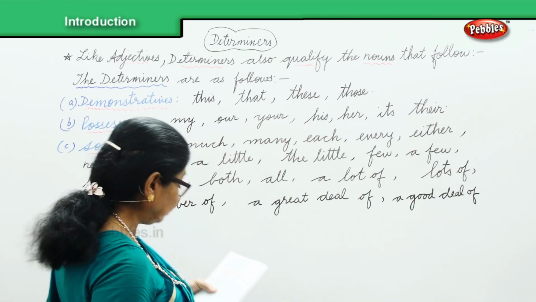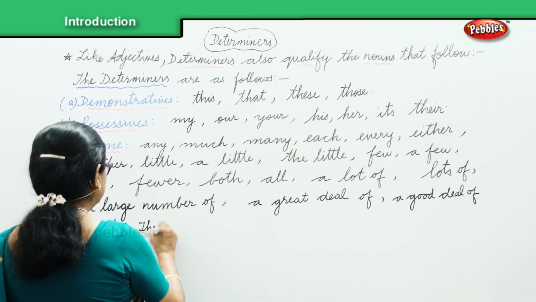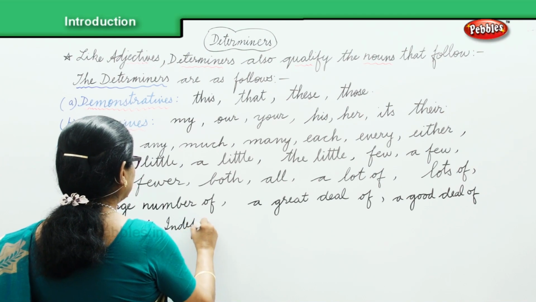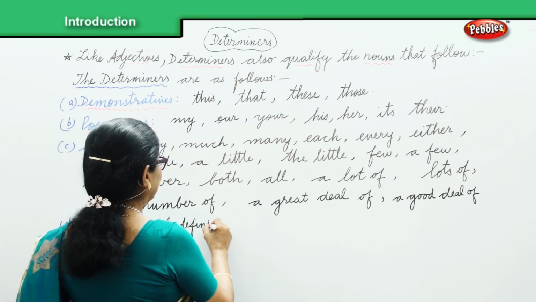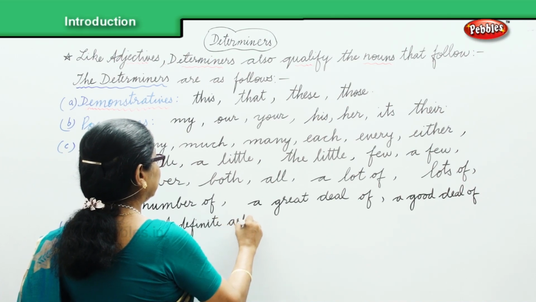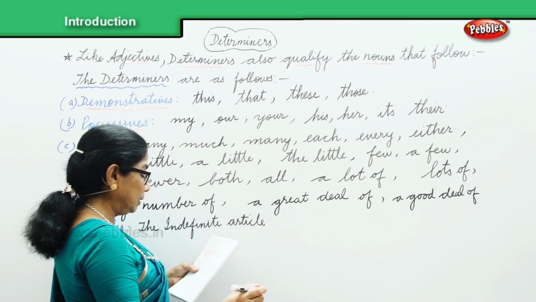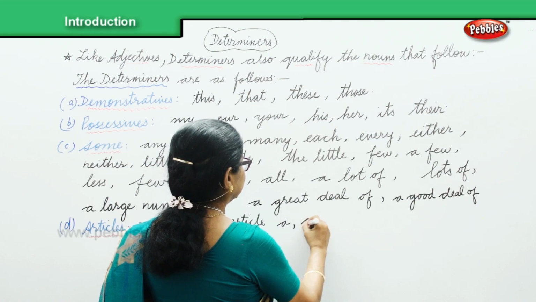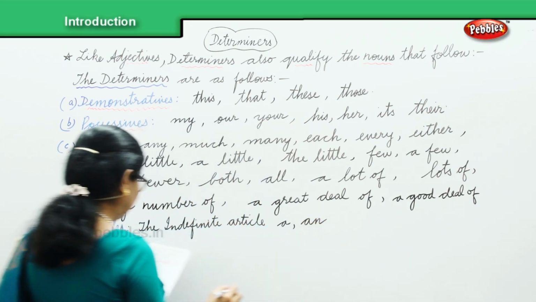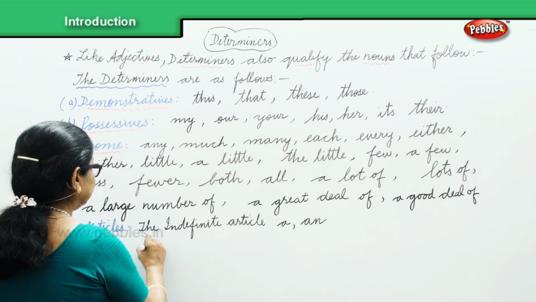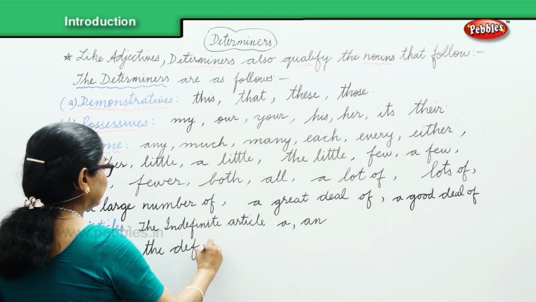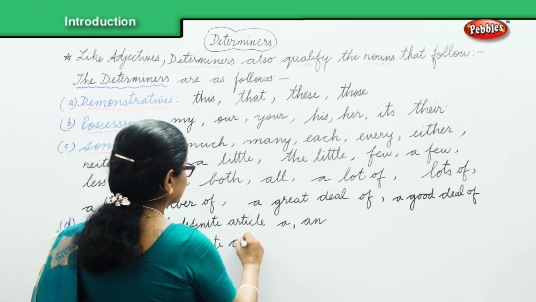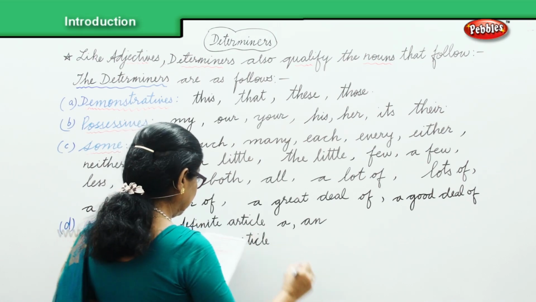Okay, now the indefinite article: a, an. The definite article: the.